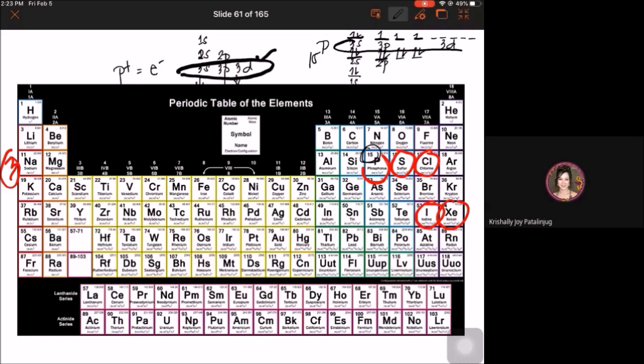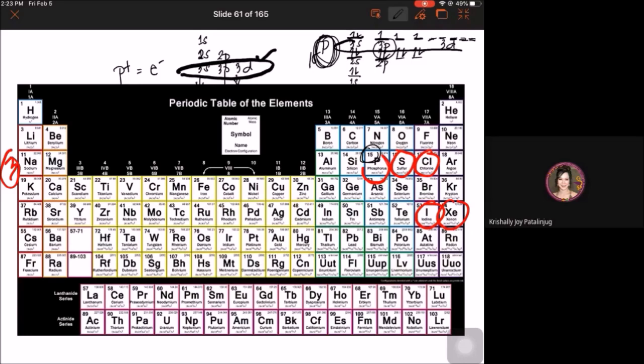Now, in the case of phosphorus, hanggang p lang siya nag-fill in. Therefore, meron siyang empty valence shell. Okay, meron siyang empty orbitals na pwedeng mag-hold ng additional pairs of electrons. Kaya si phosphorus capable talaga siyang mag-expand.